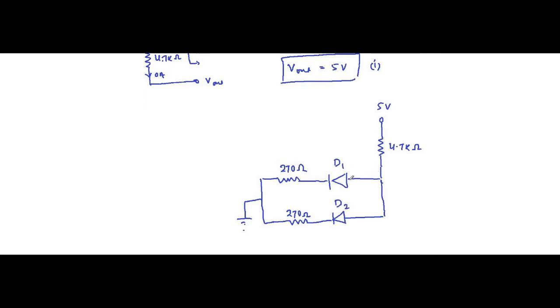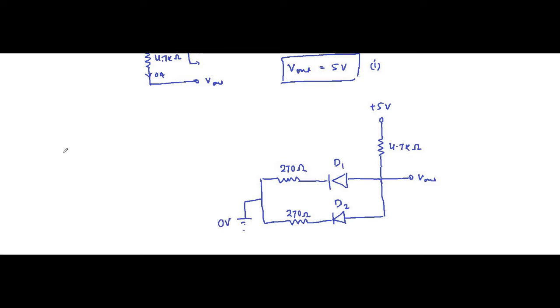So here, if you see the P end, this is V out. Now the P ends of the diodes D1 and D2 are connected to a higher positive potential. Always pay attention to this, a higher positive potential, and the N end is connected to 0 volt.